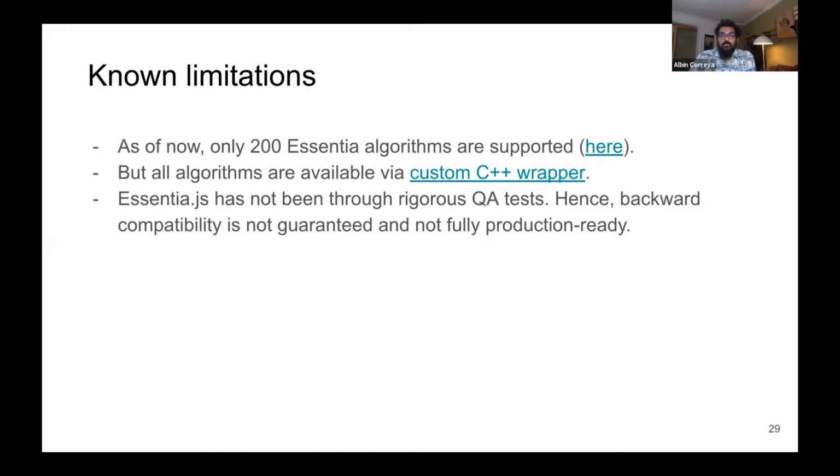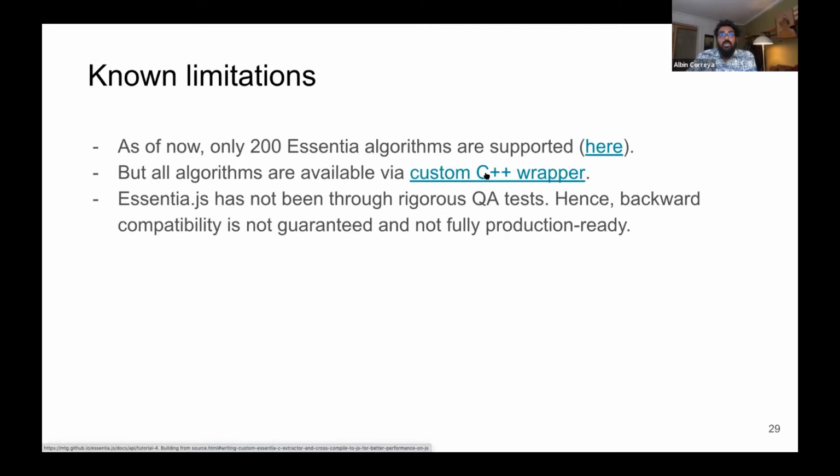So some types in C++ are not directly mappable to JS. But you can use all the algorithms if you write a custom C++ wrapper. So that means you can abstract everything. You get an audio input and you do all the things inside your C++ function, and then you can finally return your output to your JavaScript.